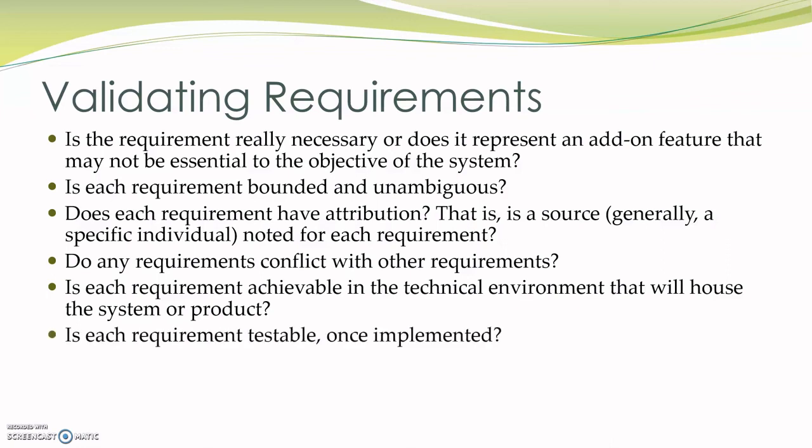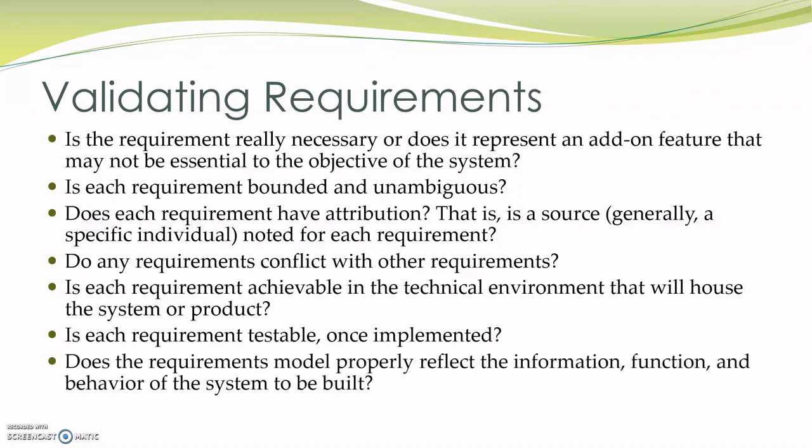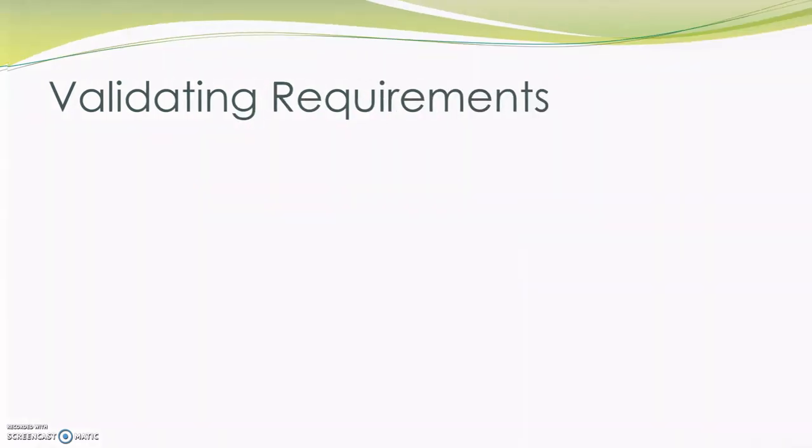Is each requirement testable once implemented? Does the requirements model properly reflect the information, function, and behavior of the system to be built? Asking such questions will validate all the requirements specified in the requirements engineering process.